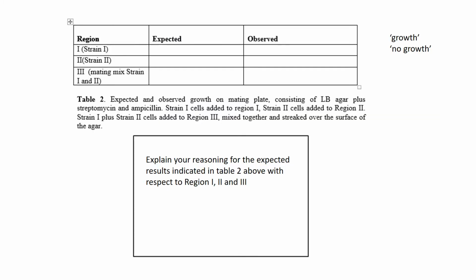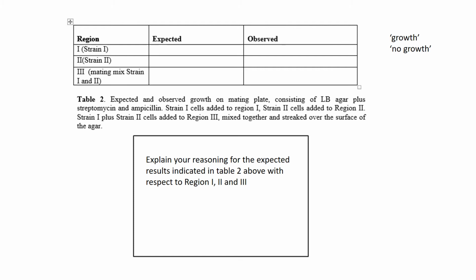This is the results table for Lab Day 2. Indicate in Table 2 whether you would theoretically expect to see growth or no growth in regions 1, 2, and 3. Carefully observe the results for the mating plate in the video and indicate if you observed growth or no growth in regions 1, 2, and 3.